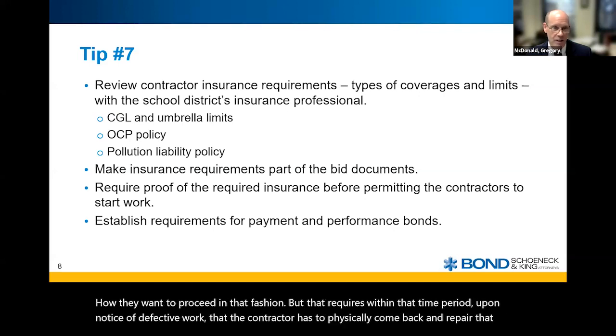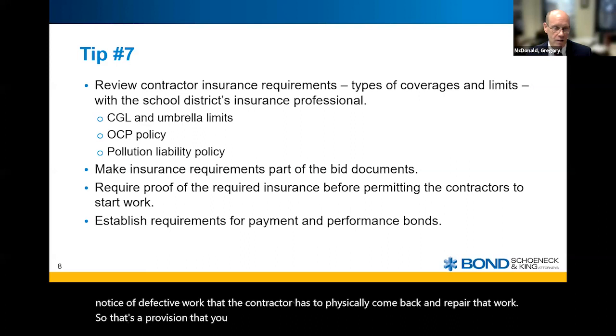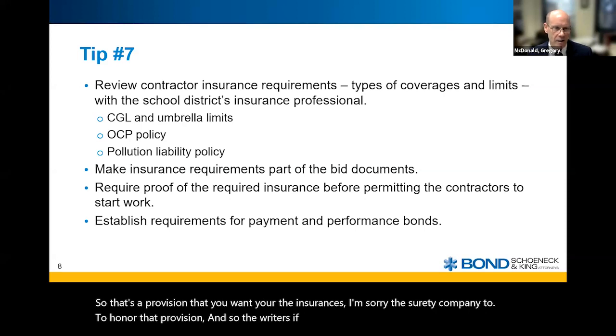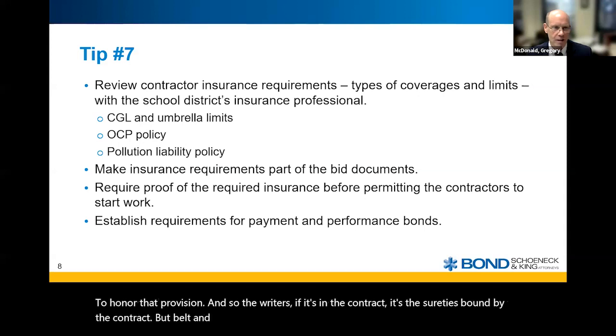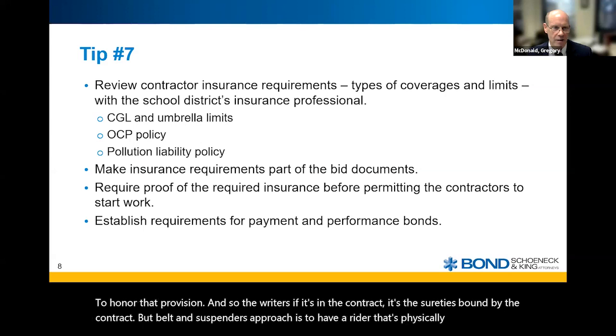So that's a provision that you want the surety company to honor. And so the riders, if it's in the contract, the surety's bound by the contract, but a belt and suspenders approach is to have a rider that's physically attached to the surety bonds that are submitted by the contractor.